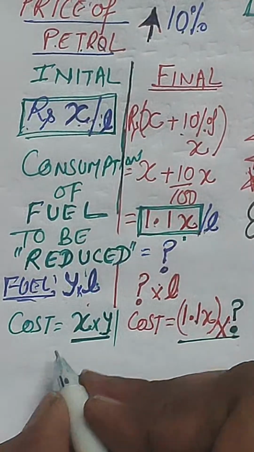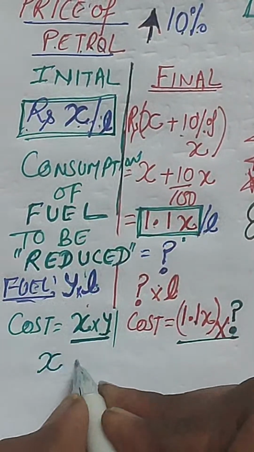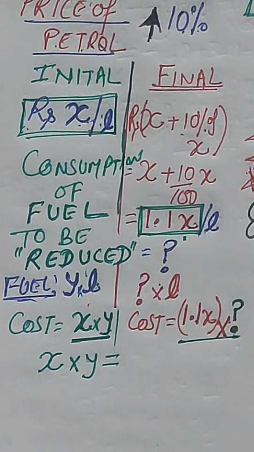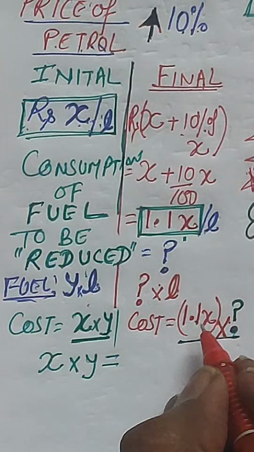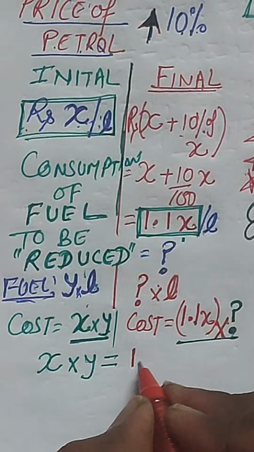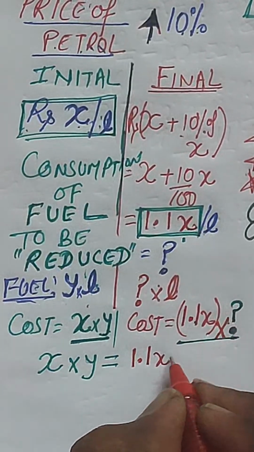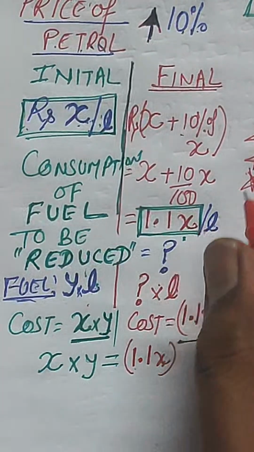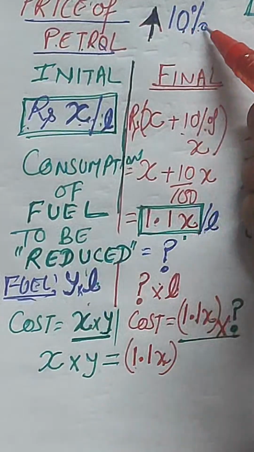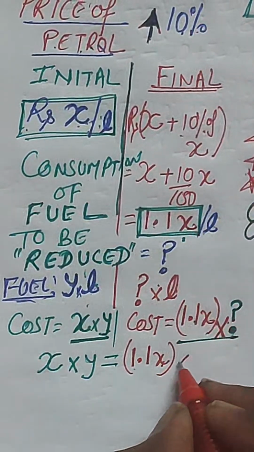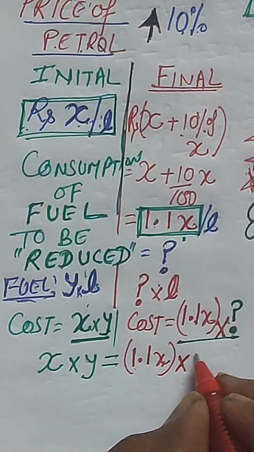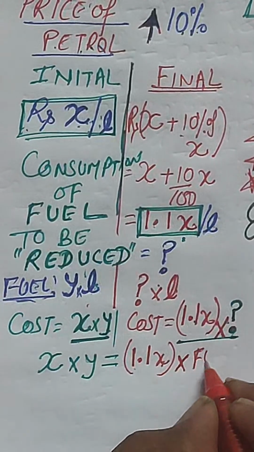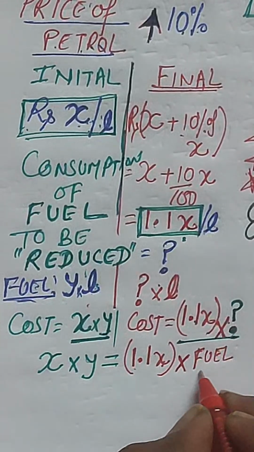So we can say that we have the same money with us only. So x into y can be equated with the final cost, that is 1.1x, which is the cost per liter after the 10% increase, right, into the new volume of fuel.